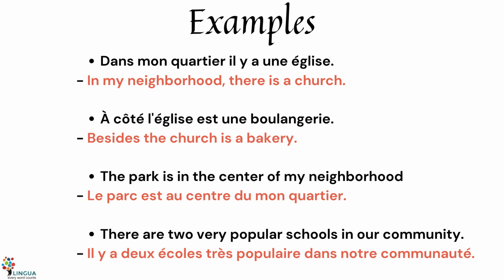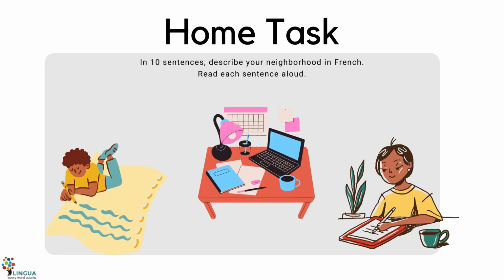Your task for today will be to look around your neighborhood and come up with 10 sentences to describe it in French. In describing your neighborhood, you could maybe just focus on one street, or two streets, or all of your neighborhood, as far as you can think and imagine.